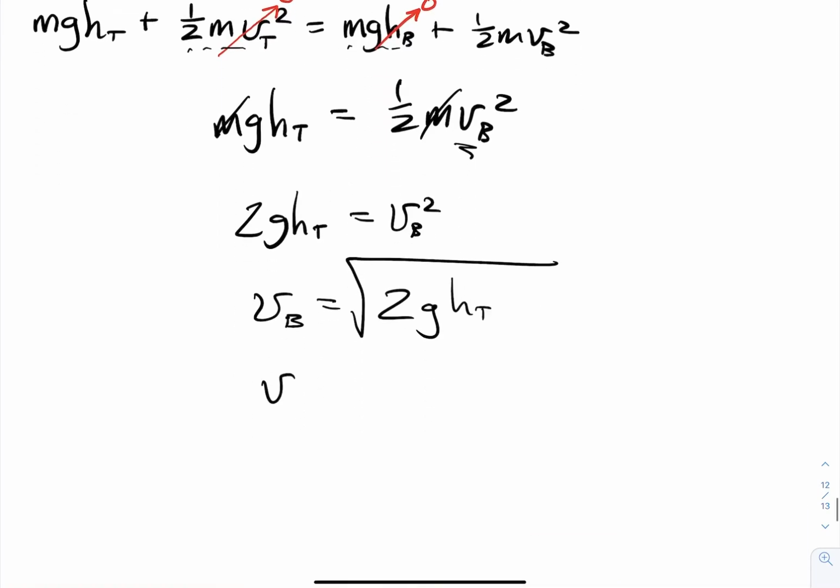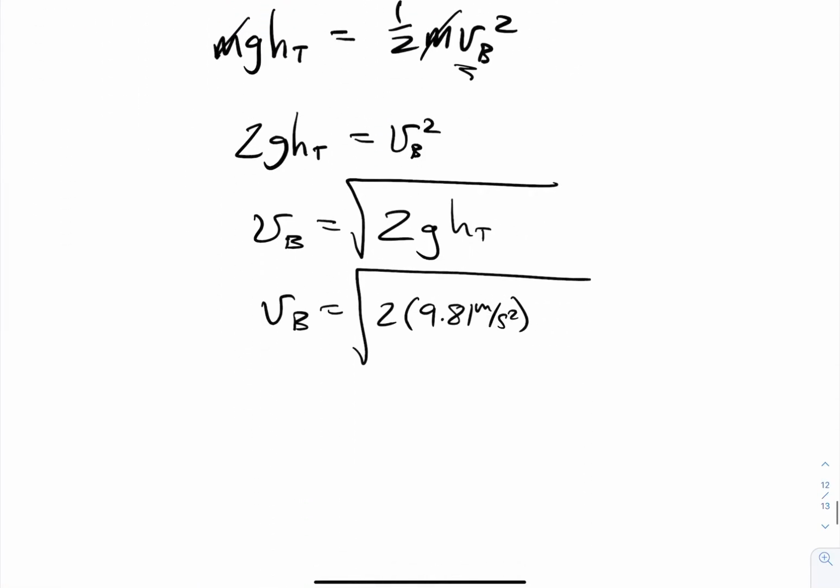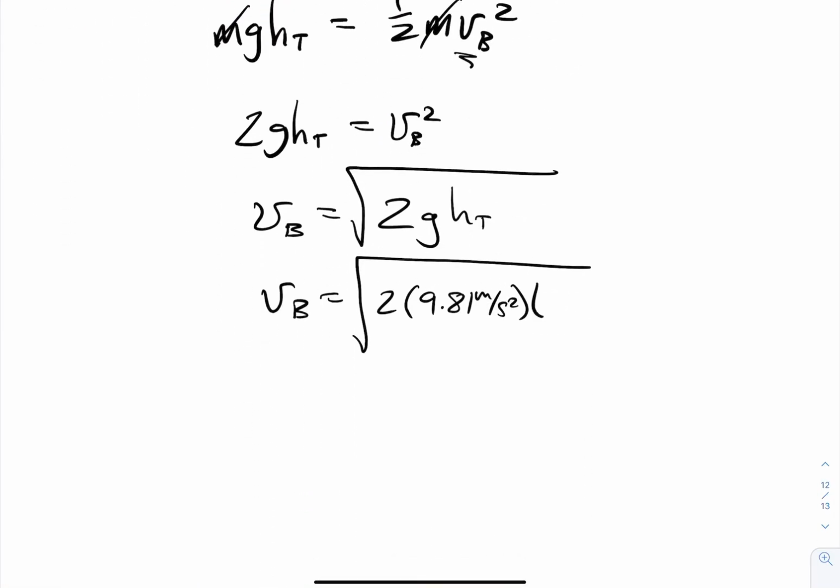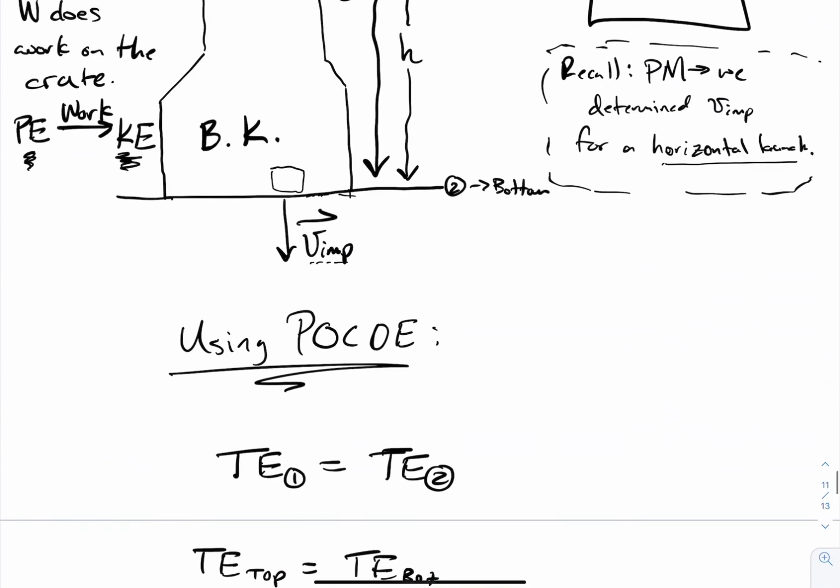Now we'll substitute our values. And g, and mgh is always positive, don't forget. And so this will give us a velocity at the bottom equal to 128 meters per second.